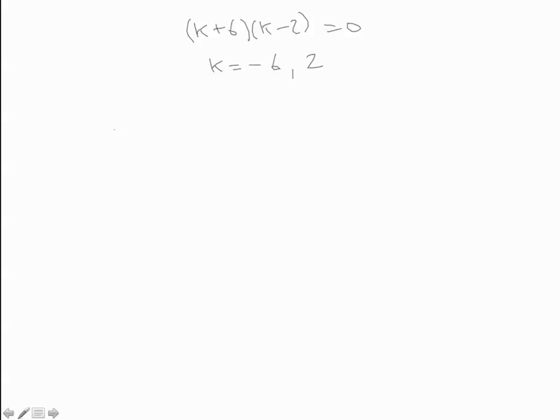Next question is, well, what's going to happen when k is different values? So I'm going to put a number line here, and I'm going to examine what happens to my quadratic. Well, first of all, between negative 6 and 2, the value of the expression will either be positive or negative.